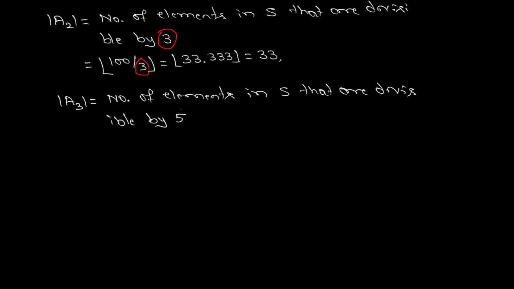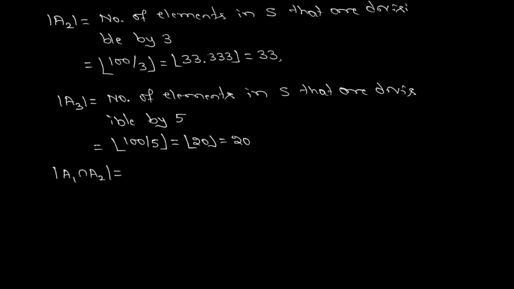Now similarly, if we want the number of integers which are divisible by 5, we divide 100 by 5. So we divide 100 by 5, simplify, apply the floor function, and you will get 20. So there are 20 positive integers which are divisible by 5.